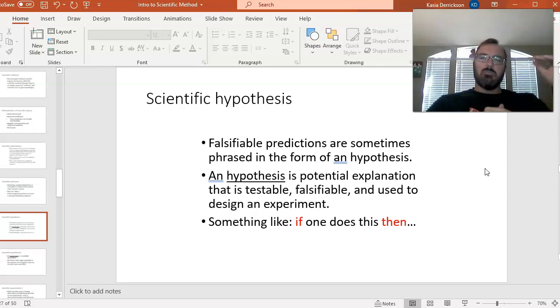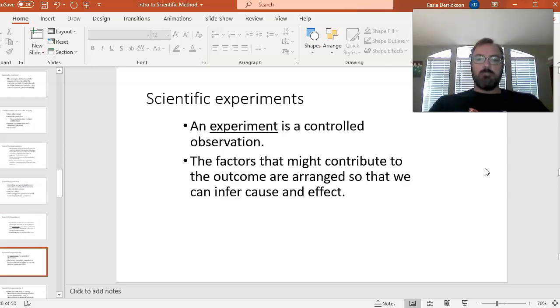People kind of put hypothesis at the testing stage, and then a theory is an explanation that we kind of are set on. And then we may get a law out of something, right? You can usually phrase this as, if one does this, then we expect to see X happen, all right?